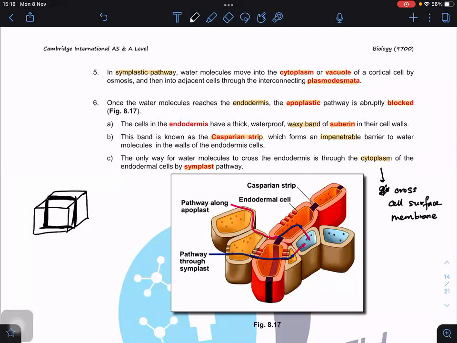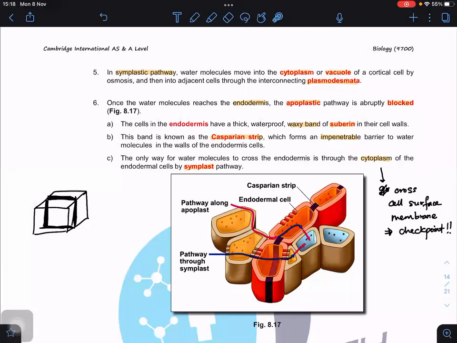So now, in general idea, this is a checkpoint. Why do I say checkpoint? Because if we don't do a blocking like this, any kind of ions can go through. Are you clear? Whether good ions, bad ions, whatever ions that we need or do not need, will also enter into the xylem and be transported to the shoot.